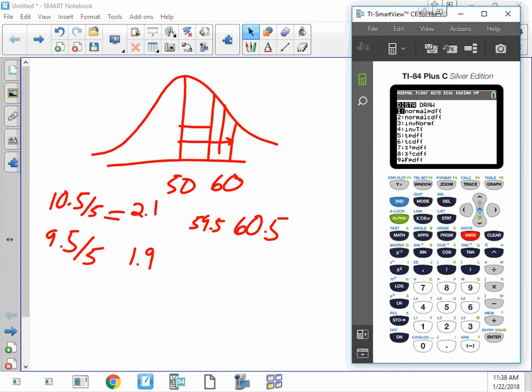Okay, so shade norm from 1.9 to 2.1. And we should end up with an area to the right that's just a little sliver, and I get 1.08%. Yes, that's the chance of getting 60. It was 1%.